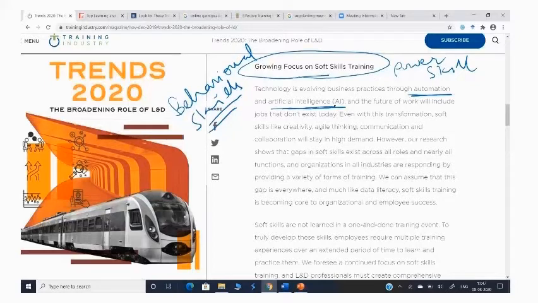It does not mean that organizations will not require human resources or people, and that it is going to just work on machines.